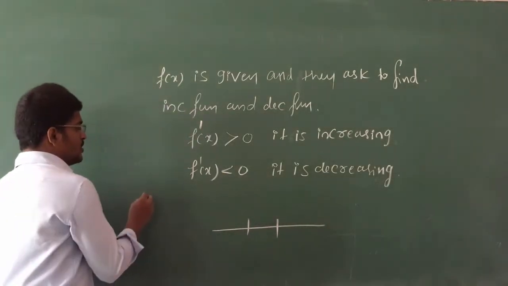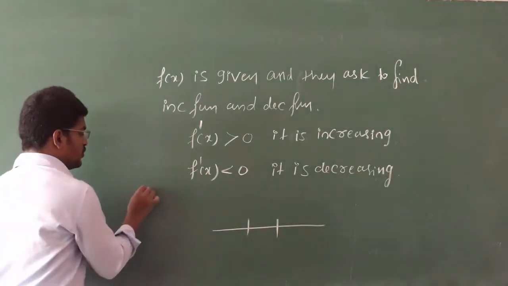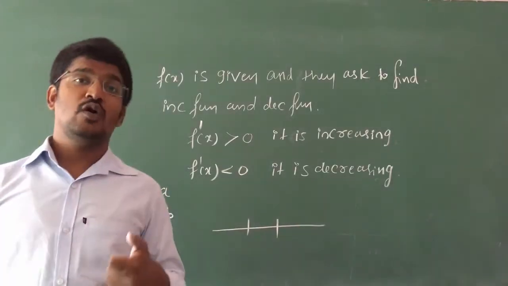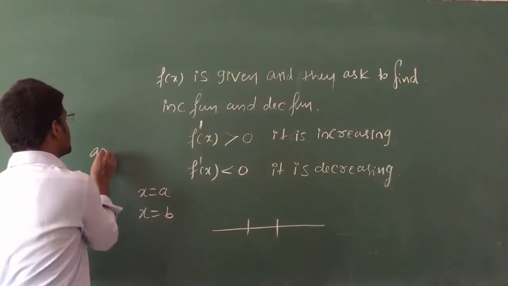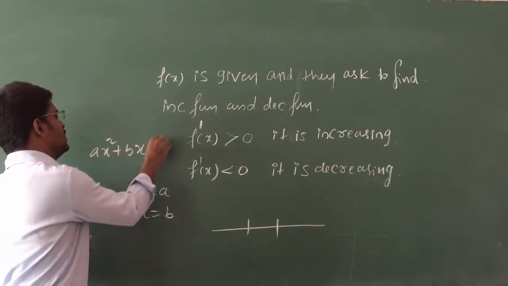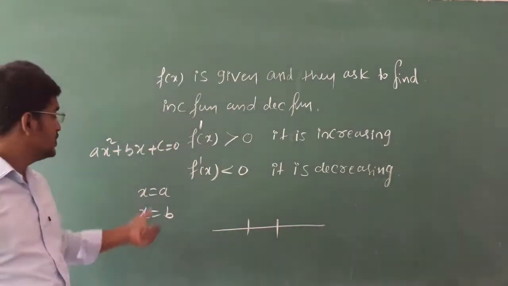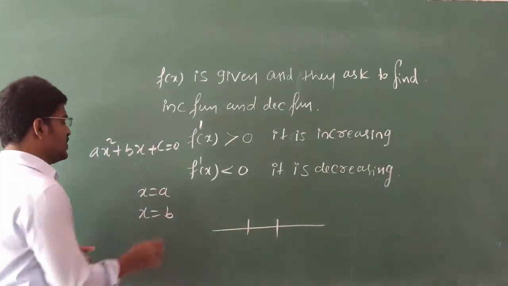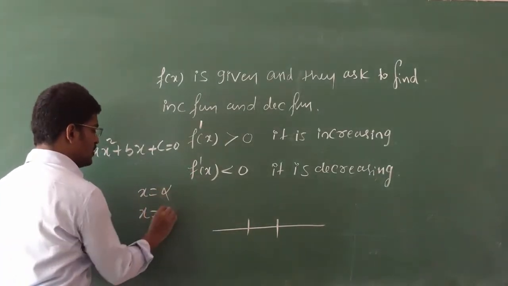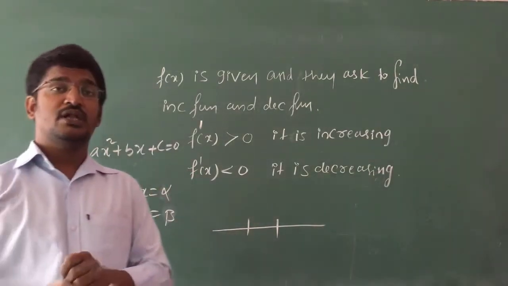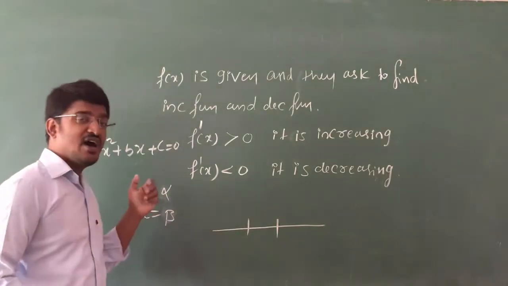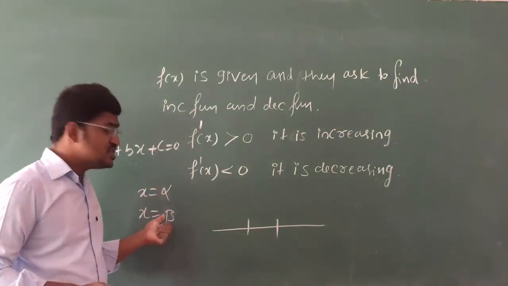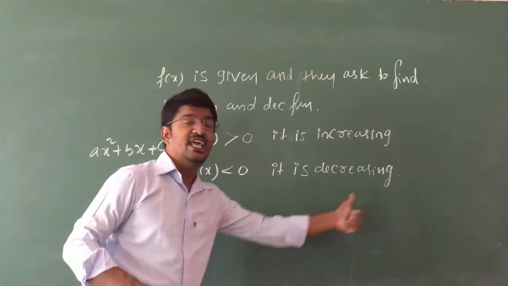By solving an algebraic equation, ax square plus bx plus c equal to 0, if you get x equal to a and x equal to b, or you can take alpha comma beta, as the roots, you have to arrange them in ascending order.